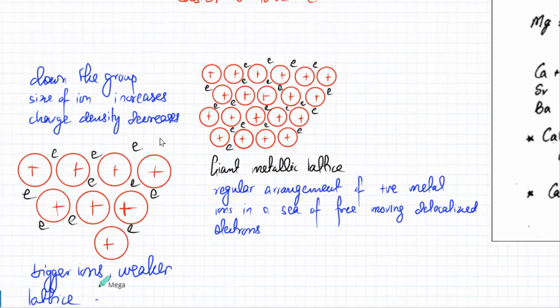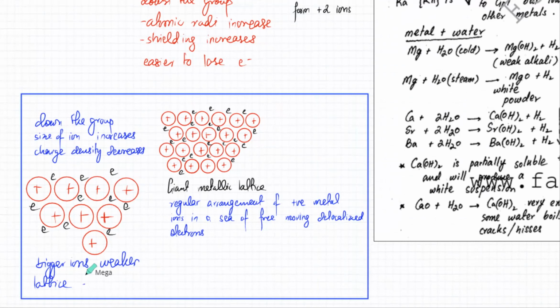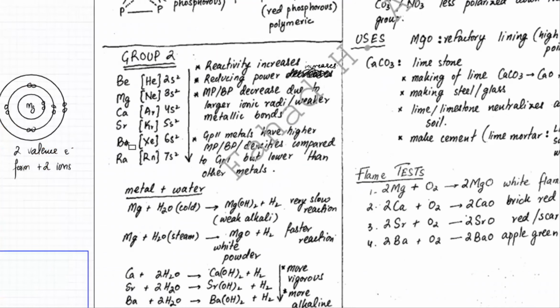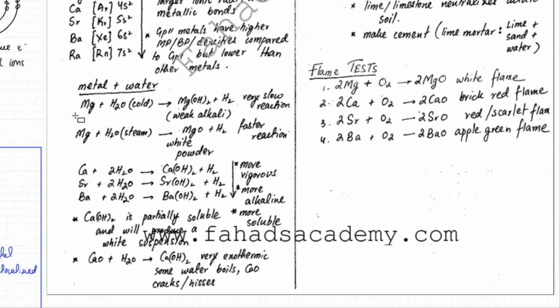So that's all about metallic bonding. Group 2 metals all have metallic bonds. And if they have metallic bonds, the melting points decrease down the group. Why? Because the metallic bonds become weaker and weaker. So that's all about this. Then you have group 2 metals and the reactions with water. Remember, the reactivity increases down the group.